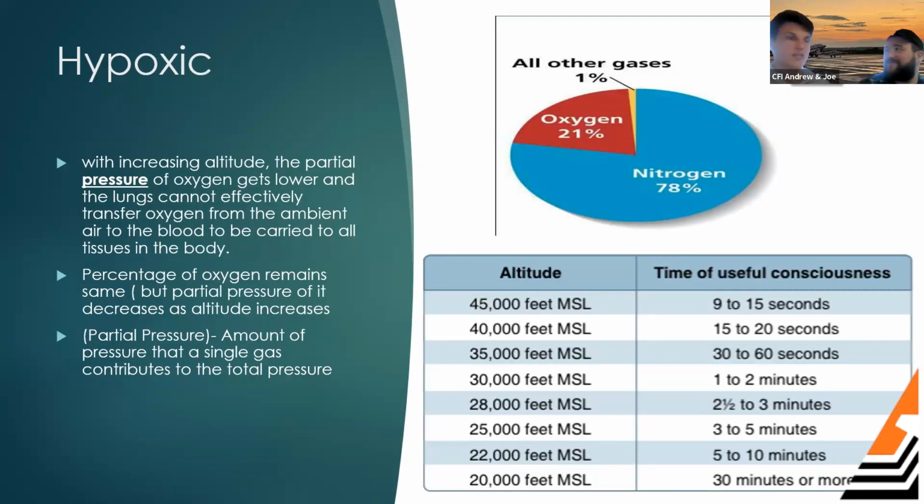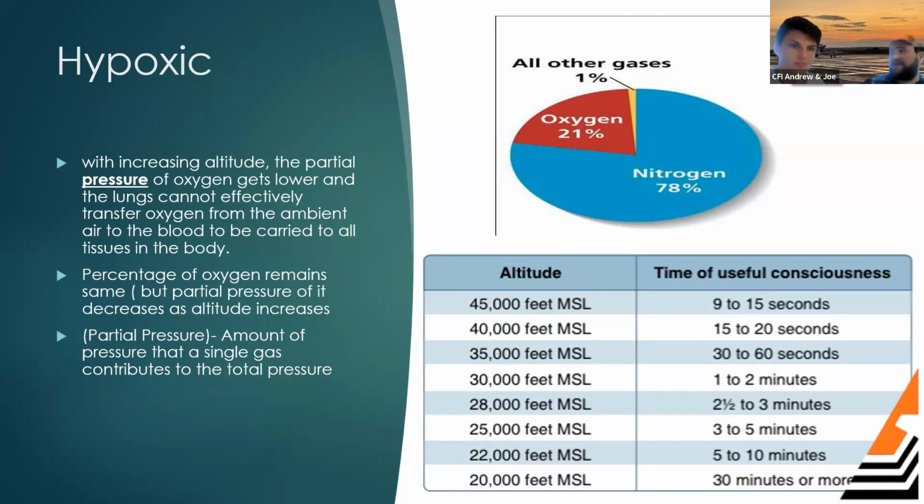Hypoxic hypoxia. This is what we encounter most of the time, especially if you're in an airliner. As we go up in altitude, the ratio of oxygen stays consistent: 21% oxygen, 78% nitrogen, 1% other gases. We don't have less oxygen as we go up.